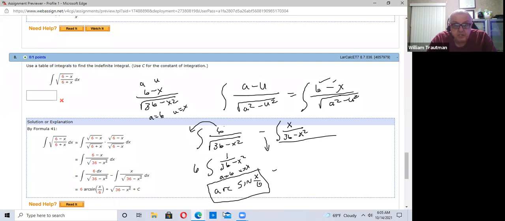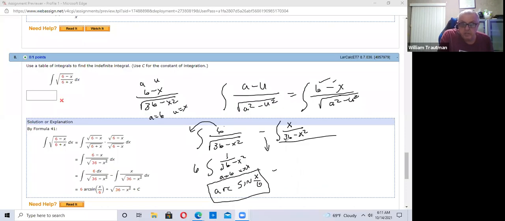And we just have to integrate the other part now. Okay, and so now we have to integrate this, and this is just a standard integration where we say u equals 36 minus x squared. So the derivative of u is negative 2x.